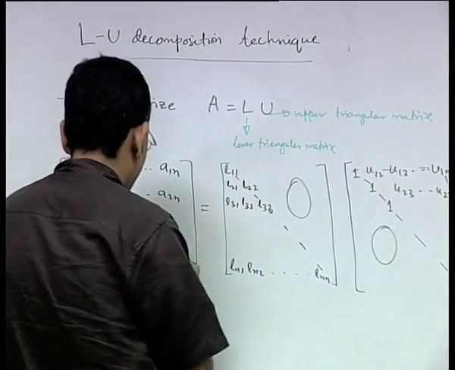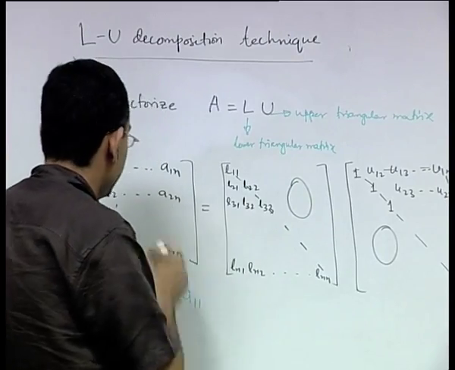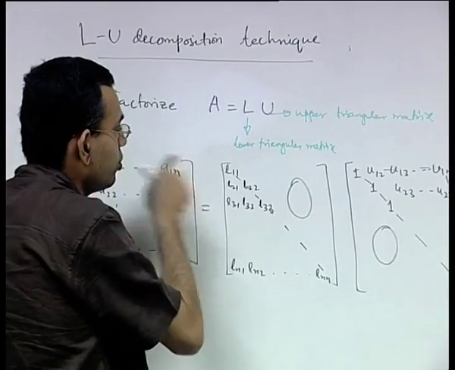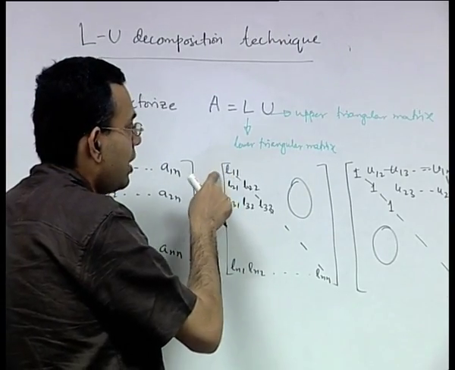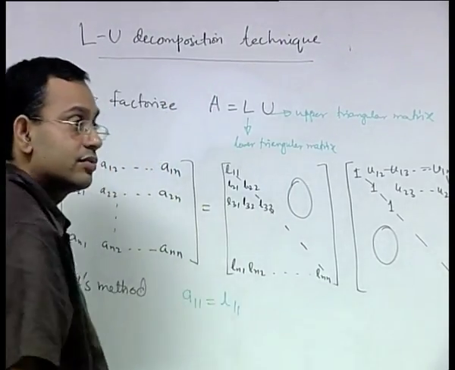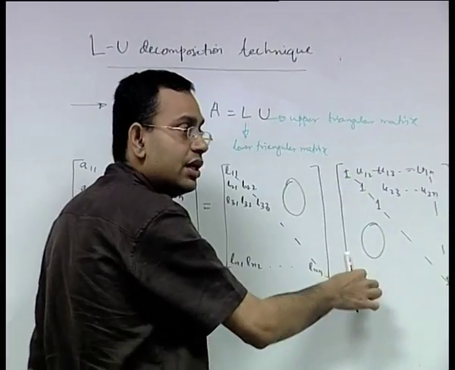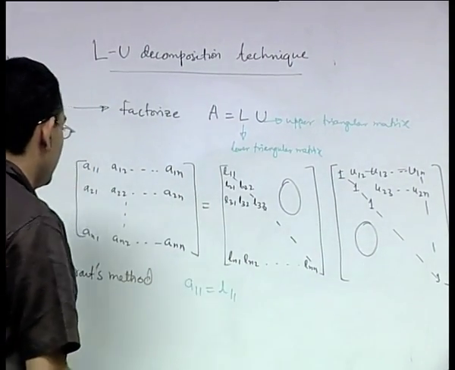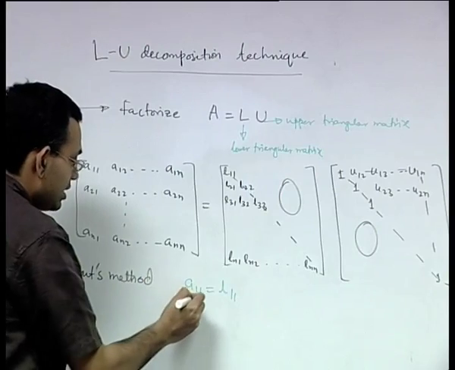Now, the first step is like this: you have A11, that is equated to what? The first row of this with the first column. So, A11 is L11. So, L11 into 1, the remaining is 0. What is A21?